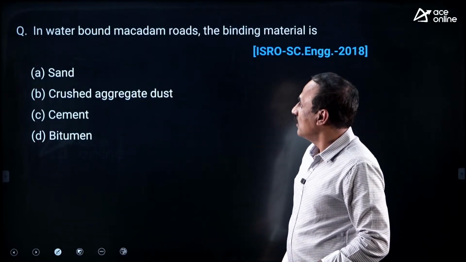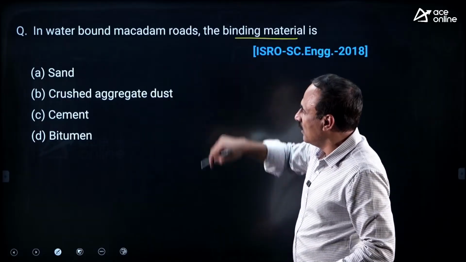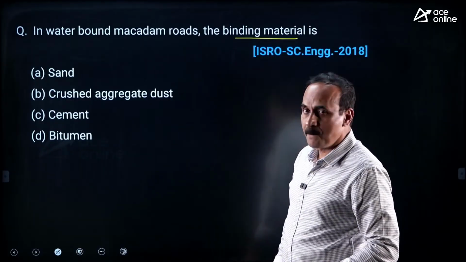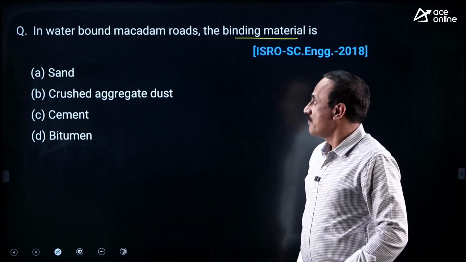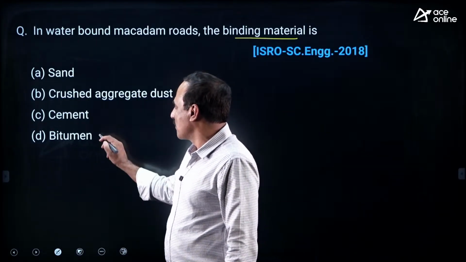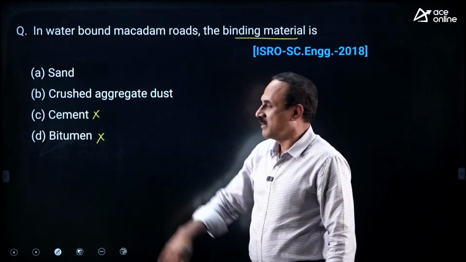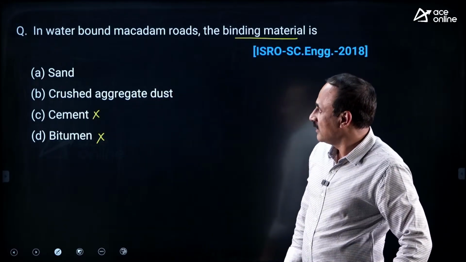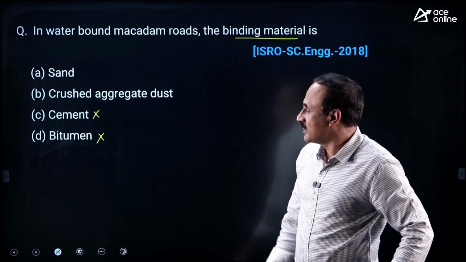See this question. In waterbound macadam road, the binding material is, again we are repeating, but the options are different. In WBM road, waterbound macadam road, we never use cement, we never use bitumen. Two things are gone. Next is crushed aggregate powder and sand.